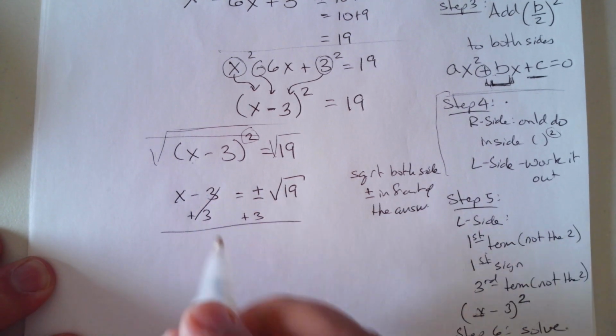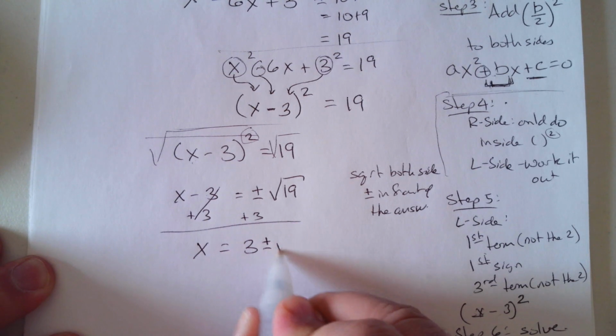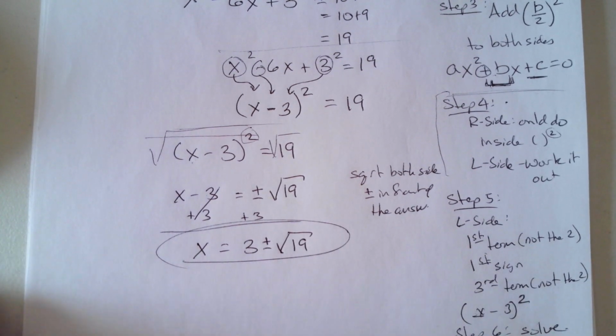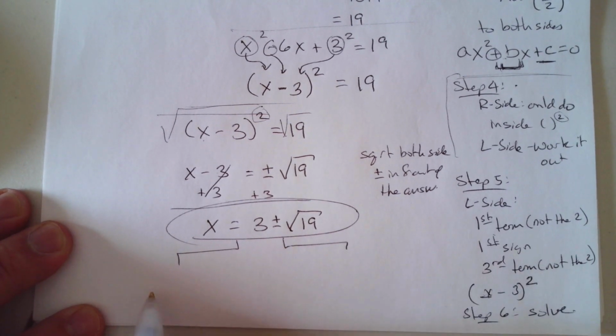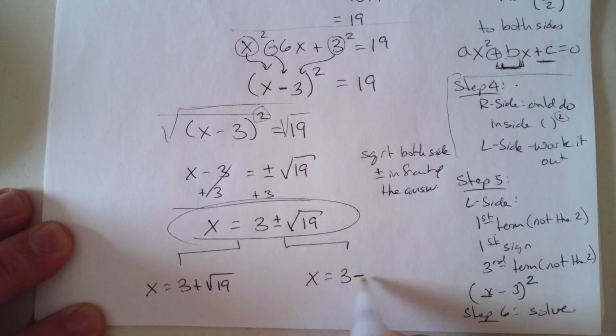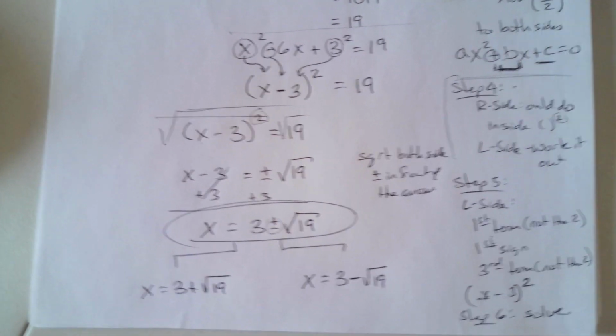So x is equal to 3 plus or minus square root of 19. Those are your two answers. We have x equals 3 plus square root of 19, and x equals 3 minus the square root of 19. That's why I put the plus or minus instead of writing it this way.